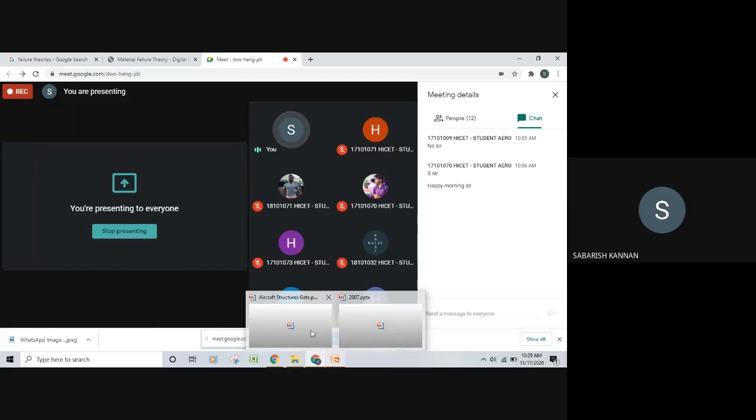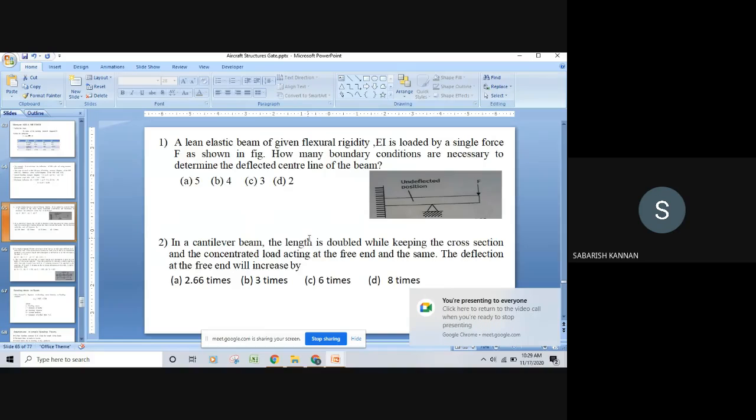So how do we find the deflection? To find the deflection, we have a second order differential equation: EI d square y divided by dx square equals M. This is our basic equation. From that basic equation, if we find dy by dx, that is the slope, and if we find d square y by dx square, that is the deflection, right? So now deflection is needed. It is second order, so how many boundary conditions?